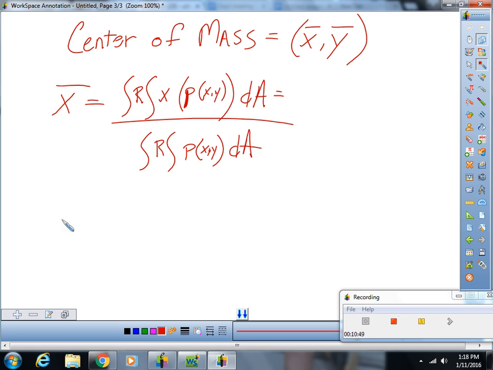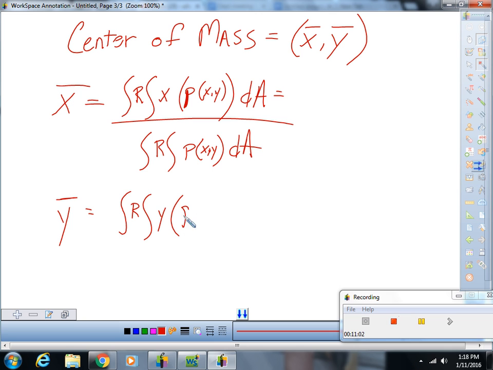So our y bar will be the double integral over a region of y times the mass, which in this case is area times density, all over just the mass.